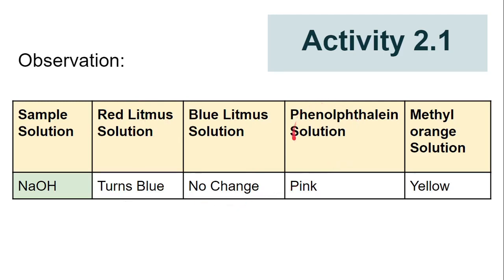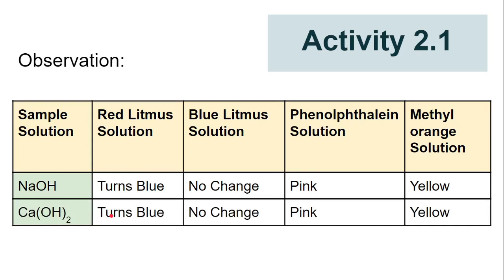With phenolphthalein solution, it turns pink, and with methyl orange solution, it will be yellow. So these are the results for sodium hydroxide. As we have learned in our previous classes, the solutions which make red litmus blue are bases. So here sodium hydroxide is our base because it makes red litmus blue.